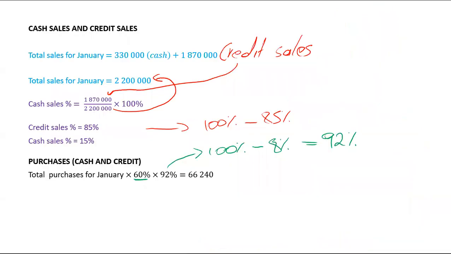Hence, we are here. Now, I need to calculate my total purchases. Once I get my total purchases, it'll be quite easy for me to calculate my cash purchases. To calculate my total purchases, I will divide both sides by this 60% multiplied by 92%.